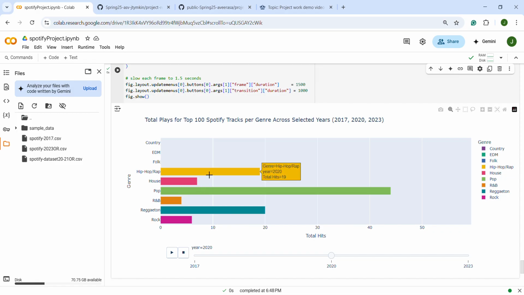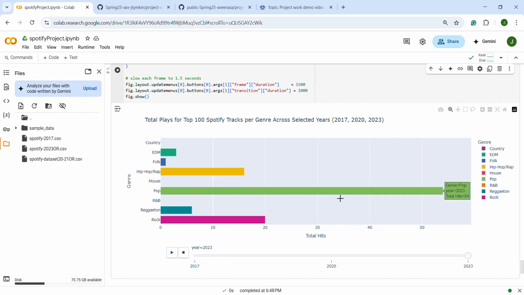Rap and reggaeton are still pretty popular, but not the most popular genre. For pop, I grouped K-pop and domestic pop together, so that explains the rise in pop. But rock, I was really confused about.